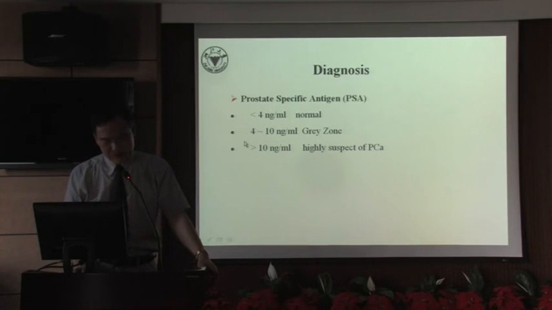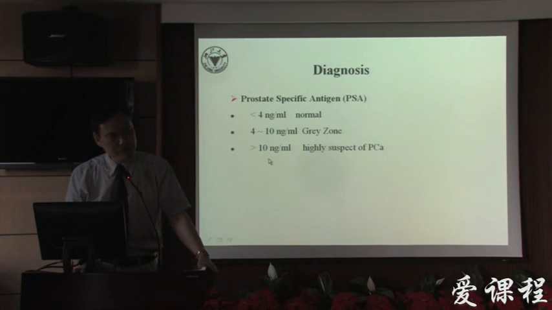If the patient's PSA ranges from 4 to 10 nanogram per milliliter, we call this the gray zone. And if the patient's serum PSA level is more than 10 nanogram per milliliter, it is highly suspected of prostate cancer.